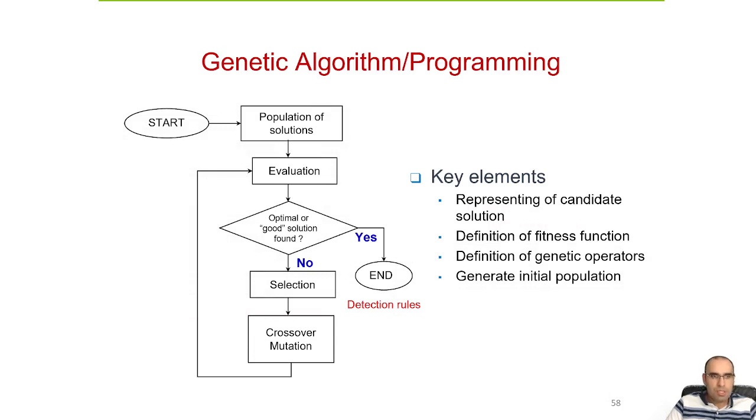To infer our detection rules, we used a genetic algorithm. A genetic algorithm can explore this list of quality metrics, and can also explore the interval of threshold values that are associated with each quality metric.